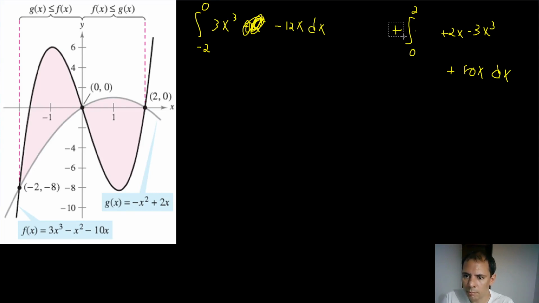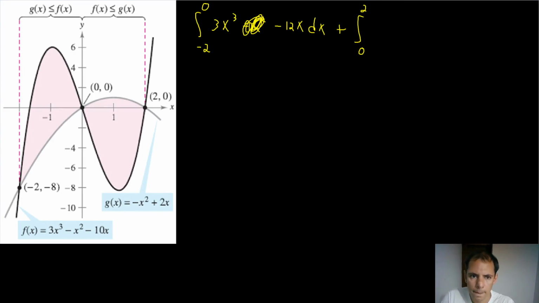So I'm going to put the plus in here. It's going to be the same thing but inverted. So it'll be minus 3x squared plus 12x dx.